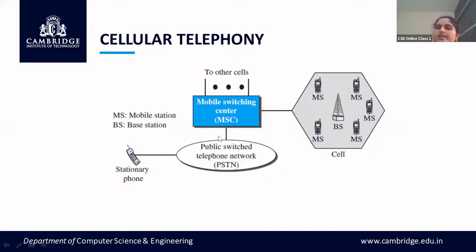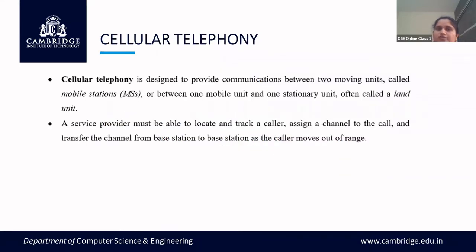It takes into account how many cells there are, their range, as well as how many mobile stations can be supported by each cell, which is decided by your public switched telephone network. So this is the architecture of the cellular network.